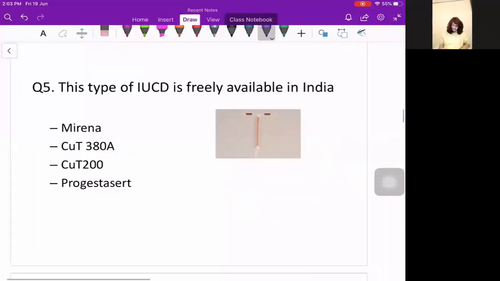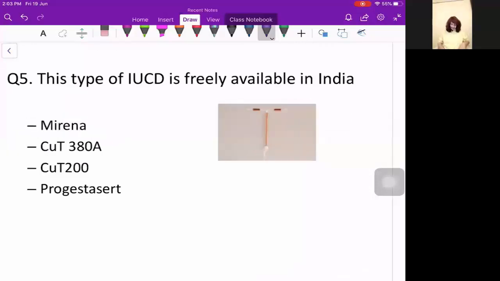Next, this type of IUCD is freely available in India. What is this IUCD? Is it Mirena? Is it copper T380A? Is it copper T200? Or is it progestasert?